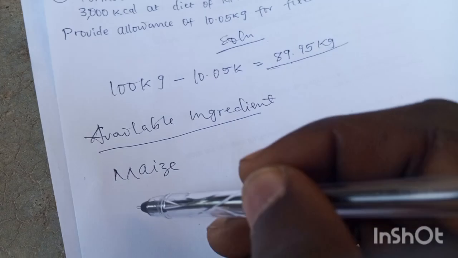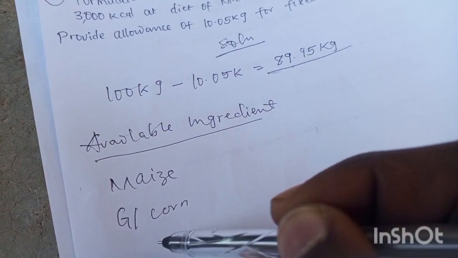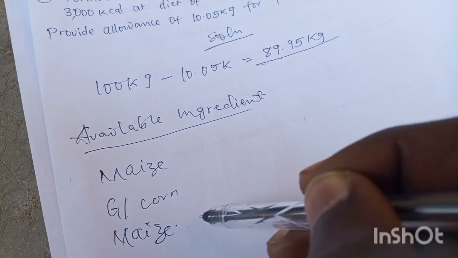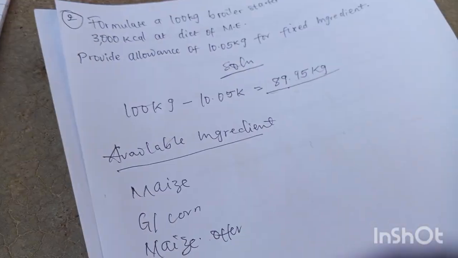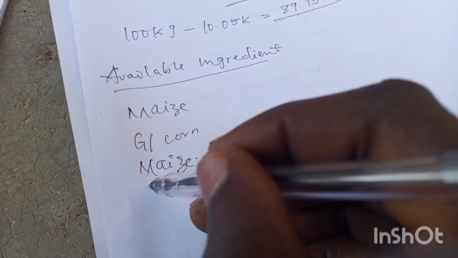Maize. We can use guinea corn here. We can use maize offal. We can use blood meal.